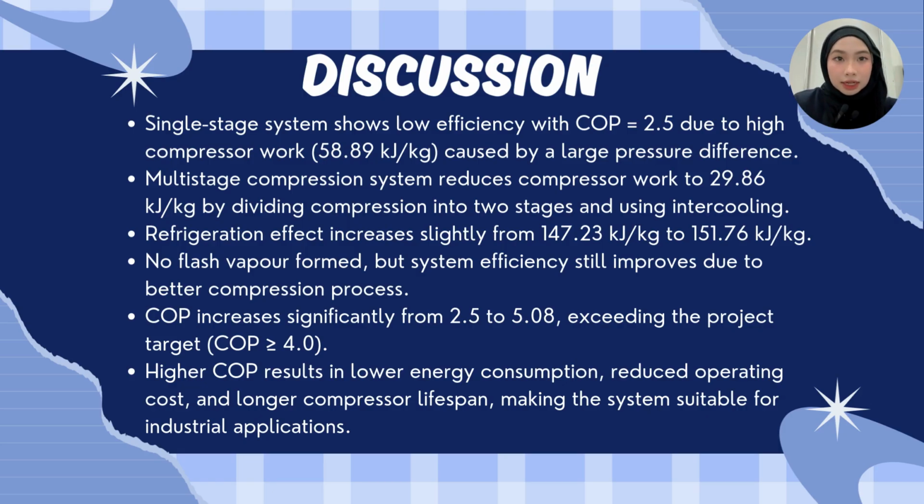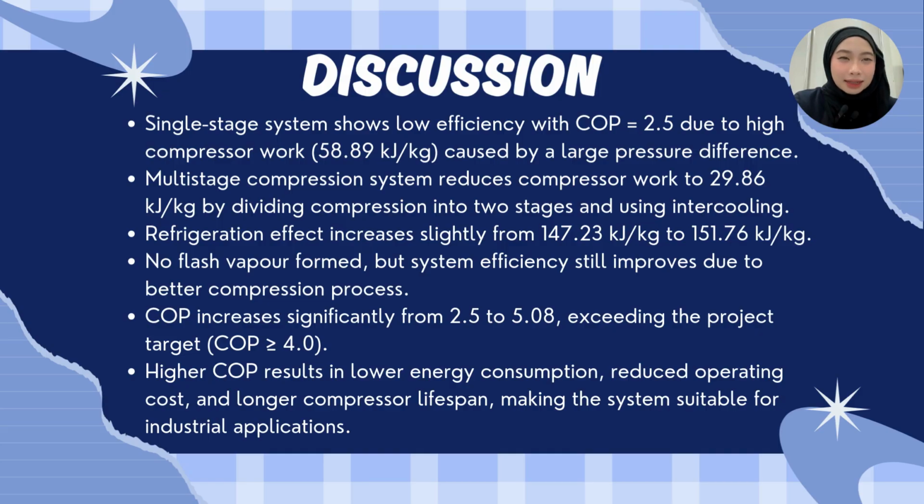In the discussion, the single-stage compression system has low efficiency with a COP of 2.5 because the compressor work is high at 58.89 kJ per kilogram due to a large pressure difference.